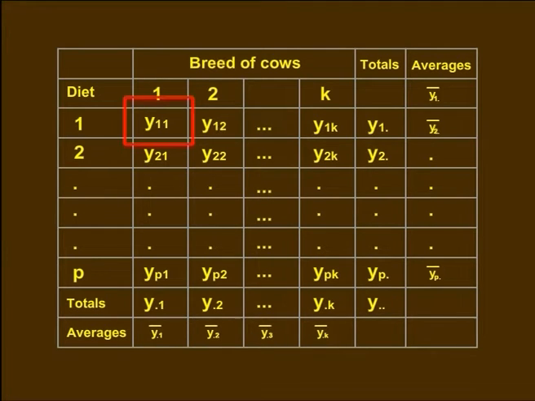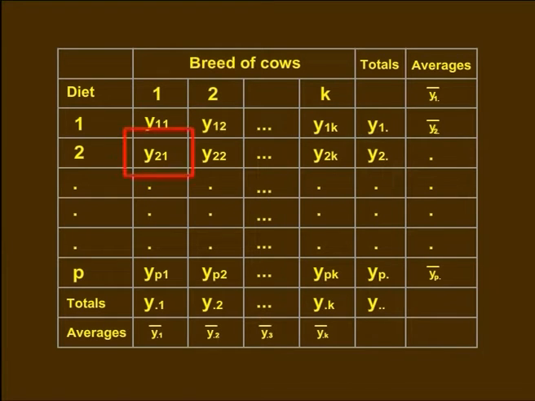Y11 represents the value receiving the first diet and from first breed. Y12 explains the value receiving the first diet and from the second breed. Y1k explains the value receiving the first diet from the kth breed.